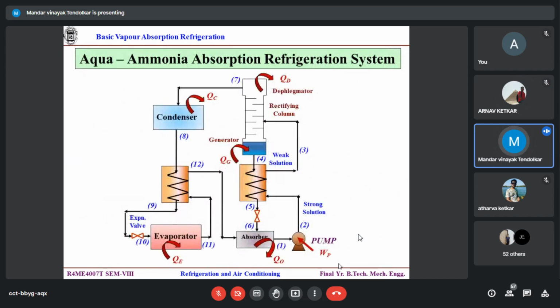This is the aqua ammonia vapor absorption system. What you can observe is the evaporator same, absorber same, condenser same. The rectifying column I have shown in full depth. And two more heat exchangers added. One, as we said, for reducing the TG. And the same logic is done after the evaporator also. Because I want over here complete vapor at the exit of the evaporator.